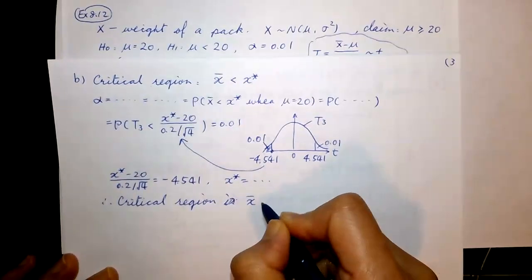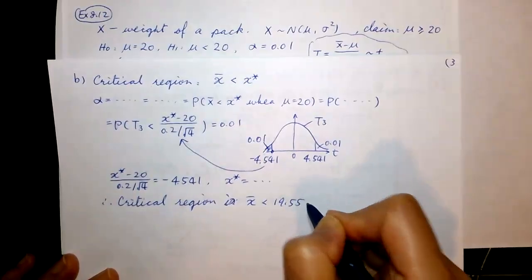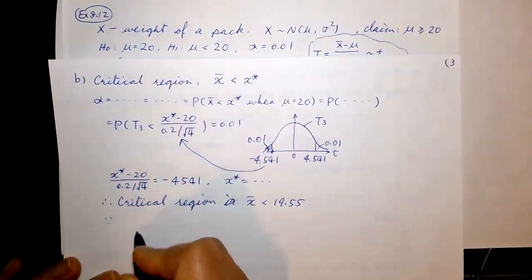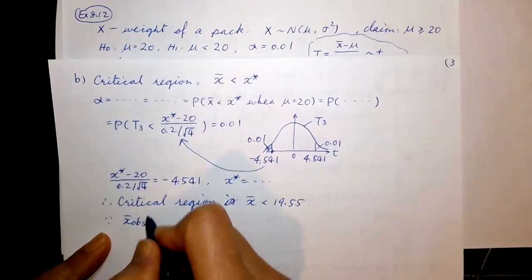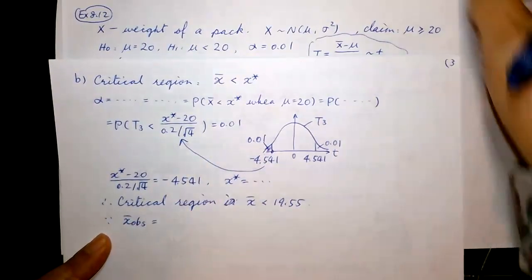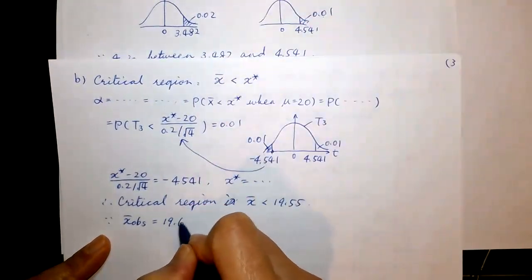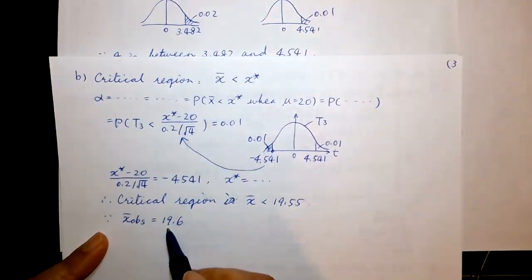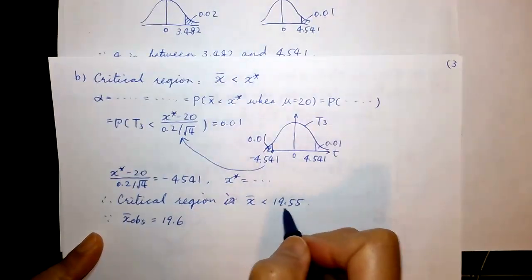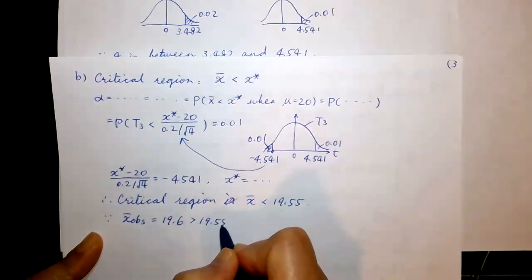The critical region is that value is this. Use it to conclude the test. Our 4 packs has the average weight of this much. It is less than 20, but is it that significant? Is it less than that? No, it's not.